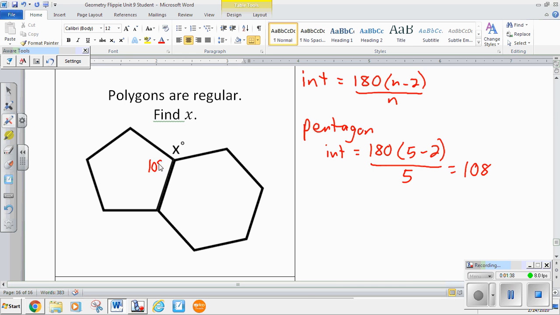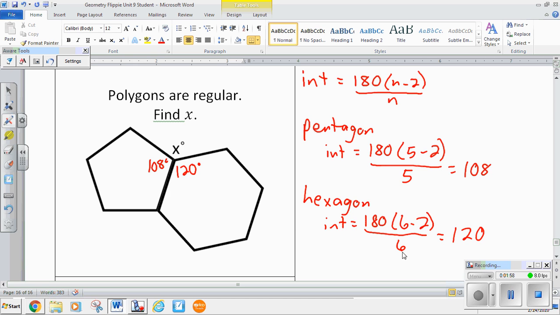So this angle is 108 degrees. For the hexagon, the interior angle equals 180 times 6 minus 2 all over 6, which is 120. So this angle is 120 degrees.